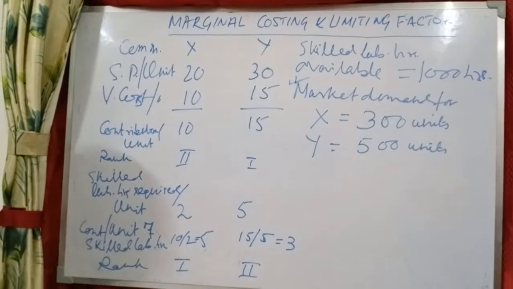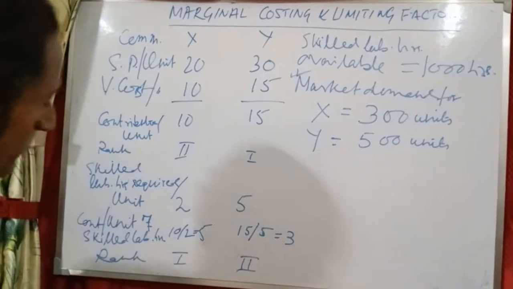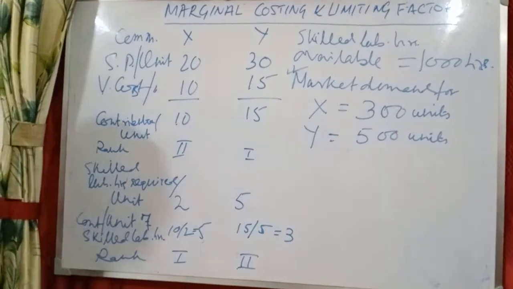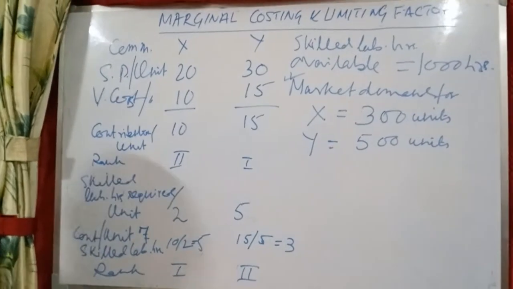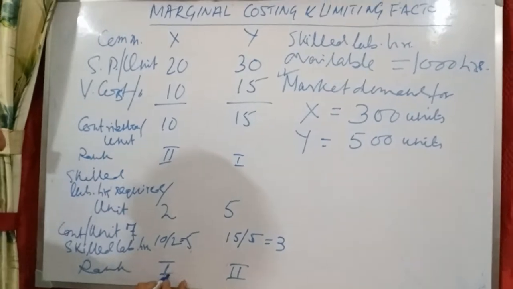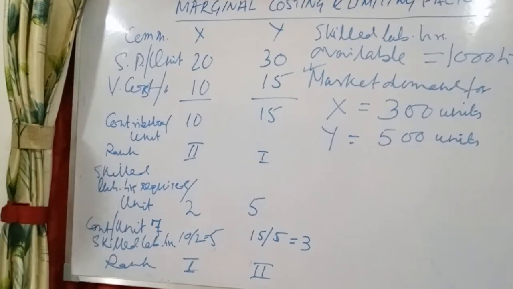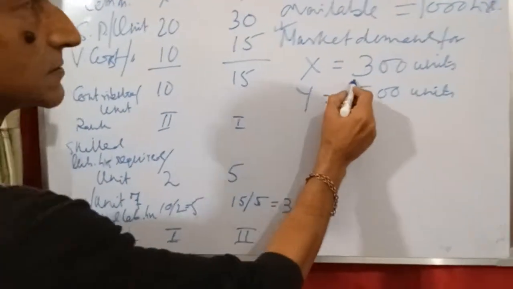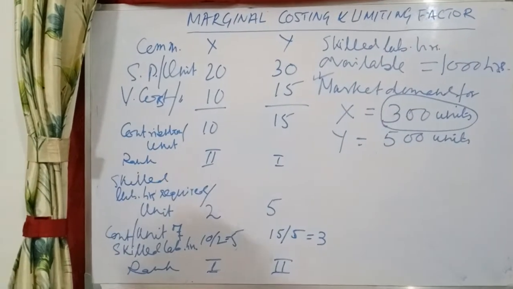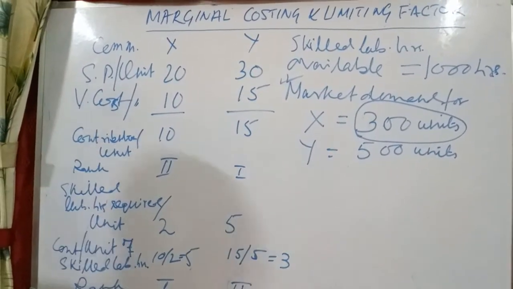Since we have re-ranked the outputs on the basis of contribution per unit of skilled labor hour, product X will be produced at the maximum level possible. That means these 300 units will be produced by fully utilizing the labor hours.